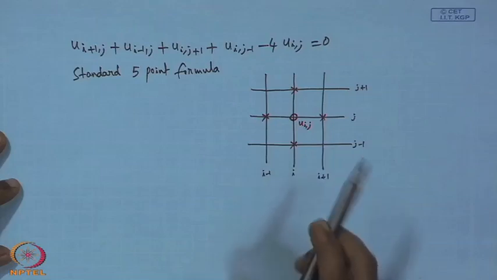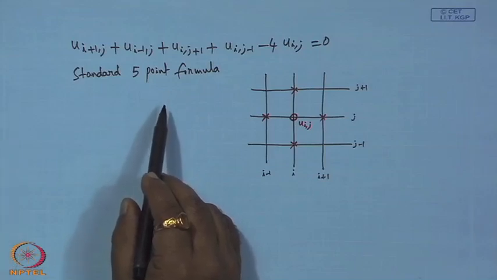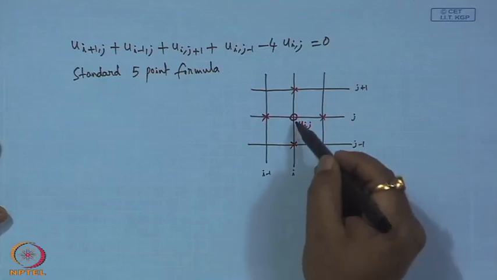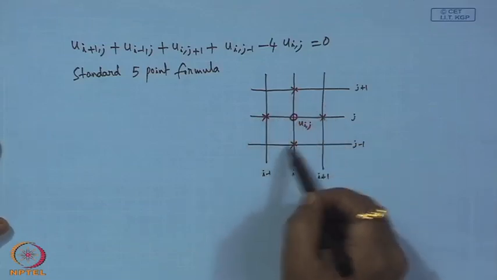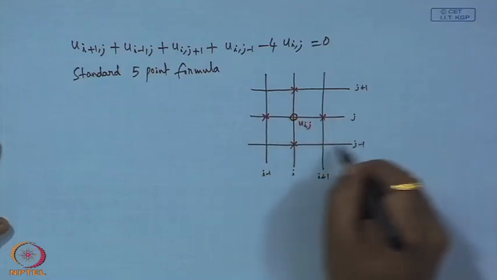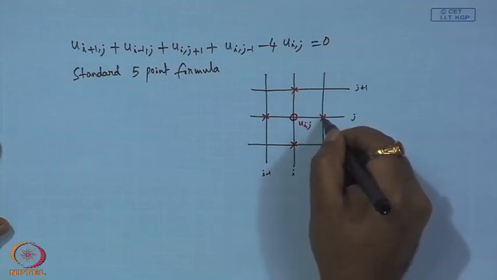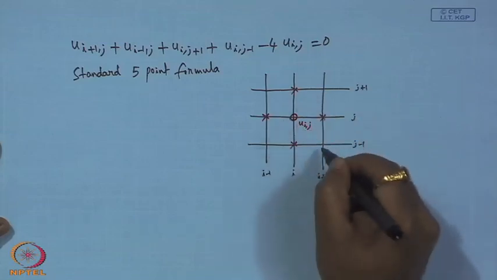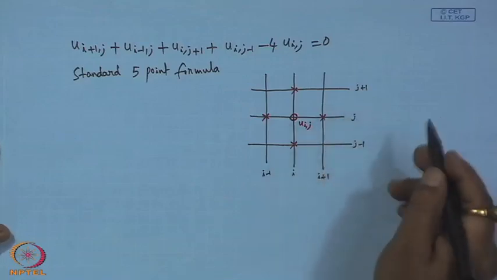Okay. So, this is the structure of the standard 5-point formula. You can see, to compute the value here, it demands 4 values at these corners. Now suppose the grid is proceeding; when we ask for the value here, it asks for this value, this value, this value and the one next to it. Okay. So, we have to compute like that.